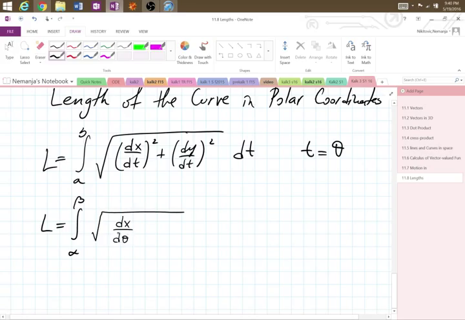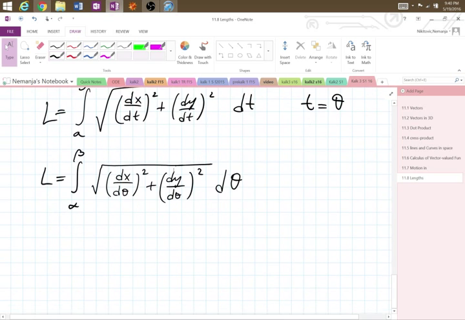So we get dx d theta squared plus dy d theta squared, d theta. So what do we gain from this?